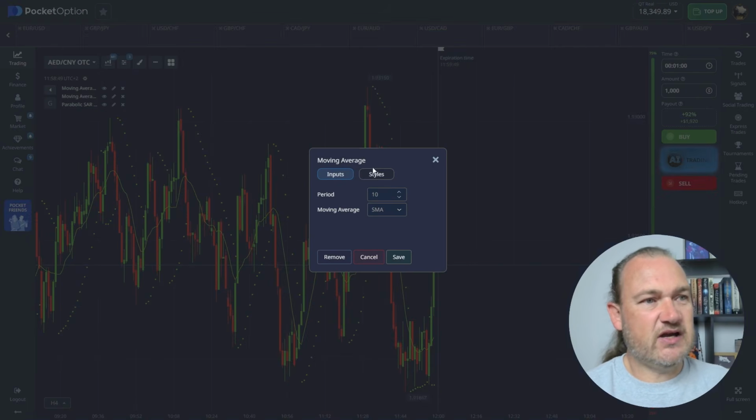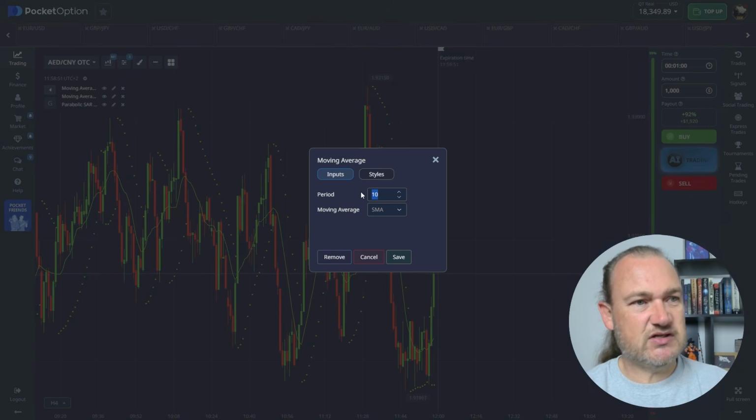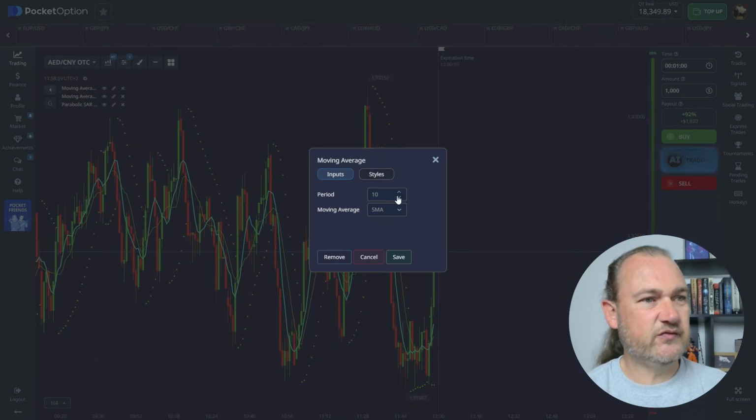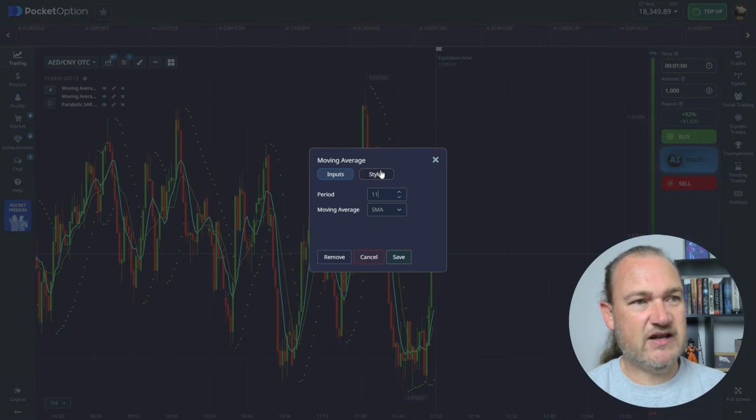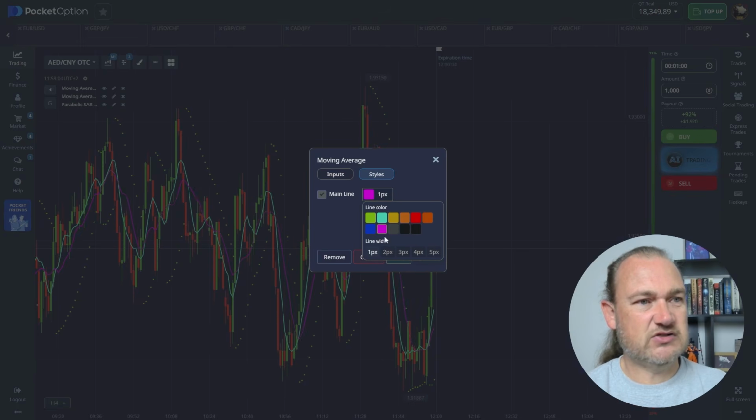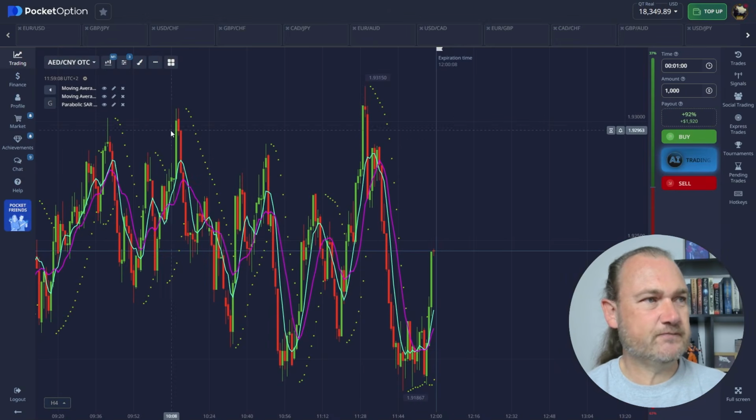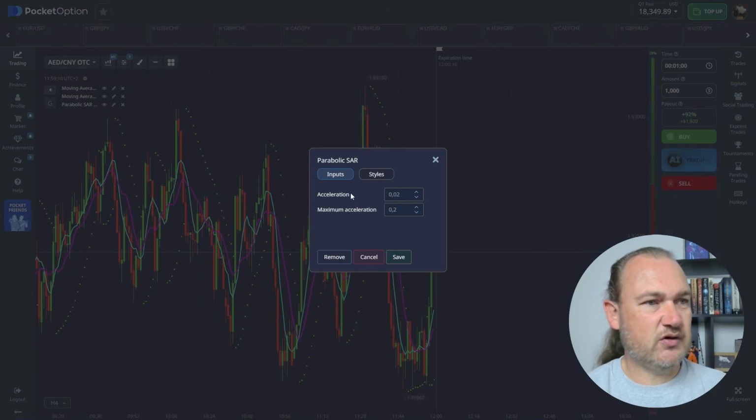So for our first moving average, we're going to do some changes. We're going to change the period to 6, and I'm going to make it a little bit thicker so we can see it more clearly. And then for our second moving average, we're going to change the value to 11. And again, I'm just going to make it a little bit thicker so we can see it more clearly. Then we're going to do a change to our parabolic.